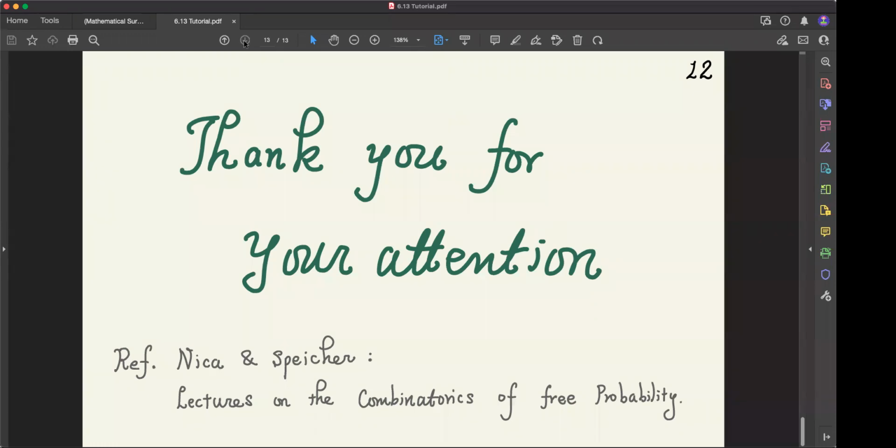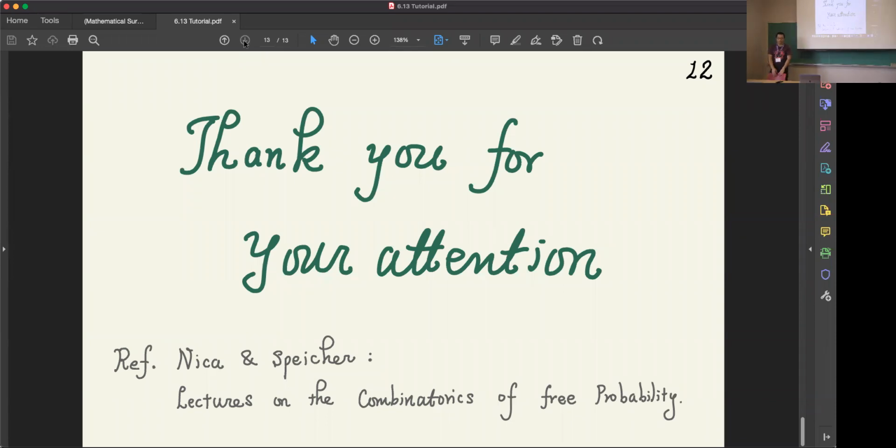Yes, there's something called free Brownian motion. How do they construct it?